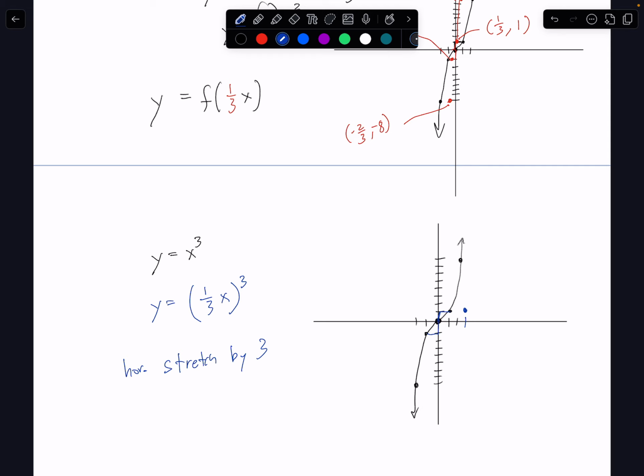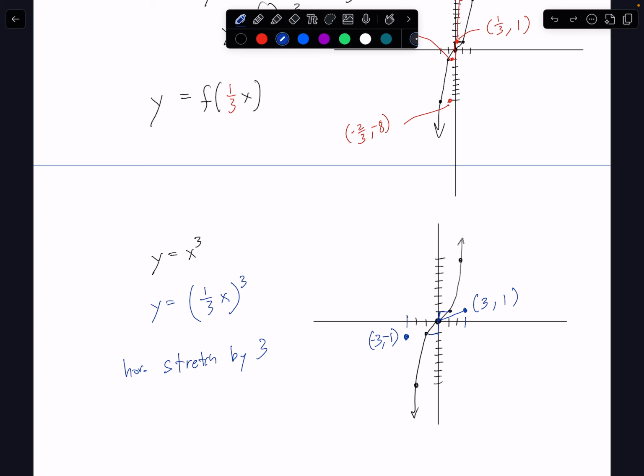And normally I go down 1 and left 1, but now I'm gonna go down 1 and left 3. So this point is gonna be, okay, let's do the vertical. The vertical went up 1, but horizontally I went over 3. This one, vertically I went down 1, but horizontally I went left by 3. You see the difference? So now it's like this, like that, and it's gonna connect somewhere after that.